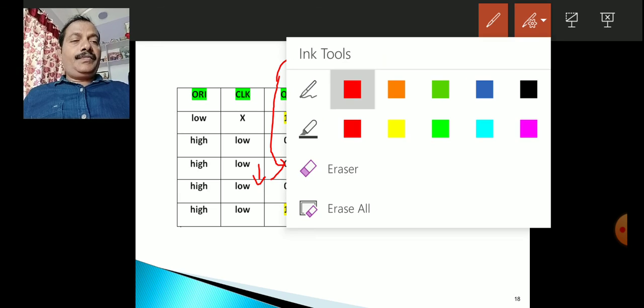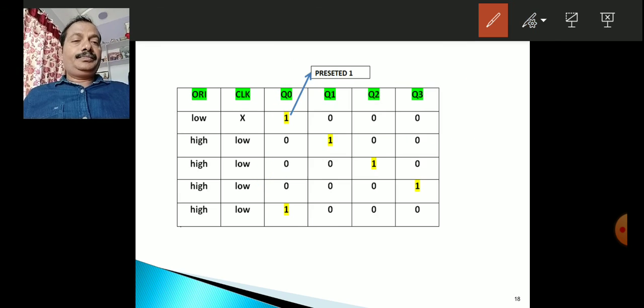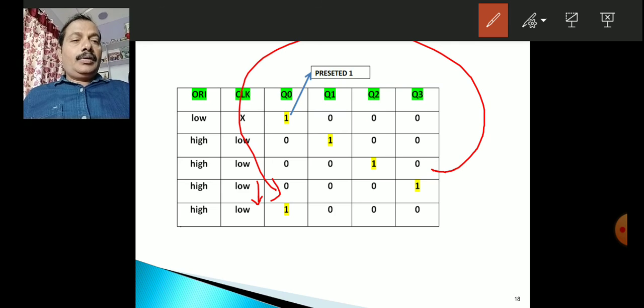Next, let us see for another clock edge. For this clock edge, what happens is this Q3 is shifted to here, and this Q0 is shifted to here, and this 0 is shifted to here, this 1 is shifted to here, like this.